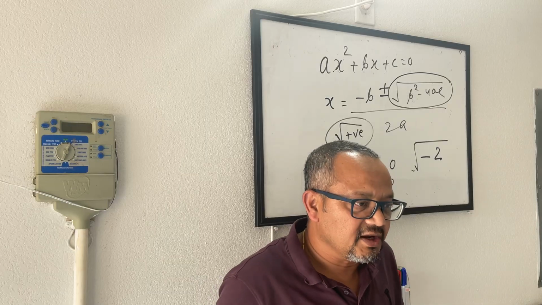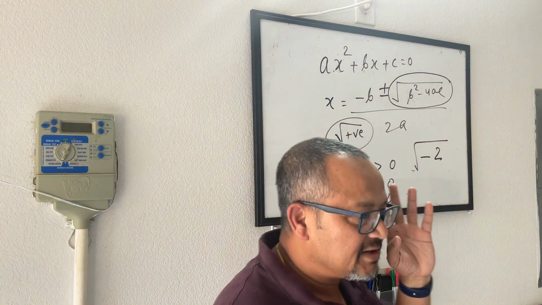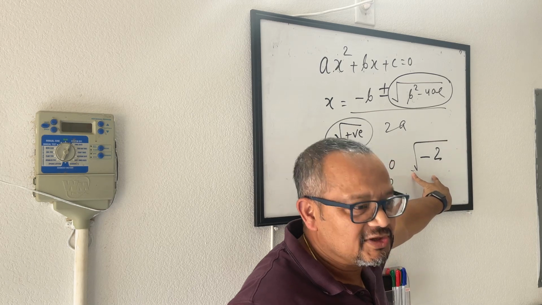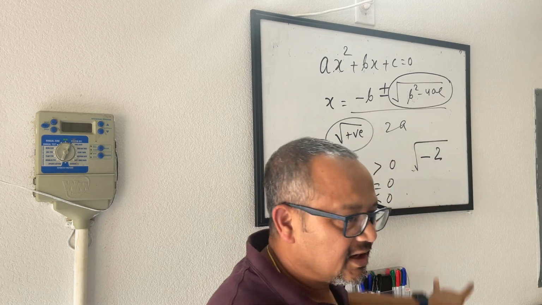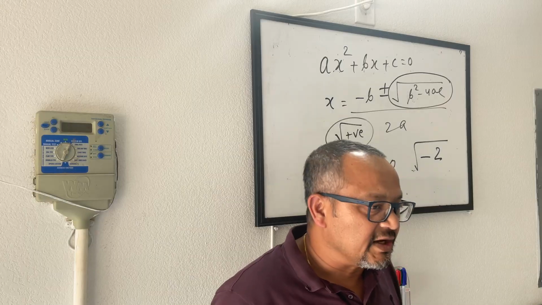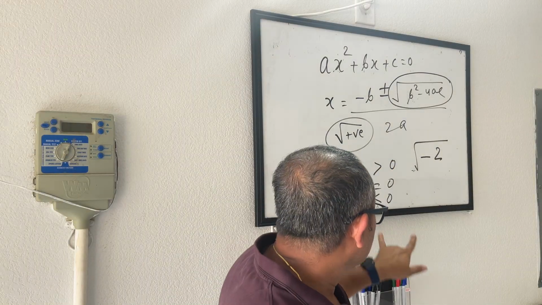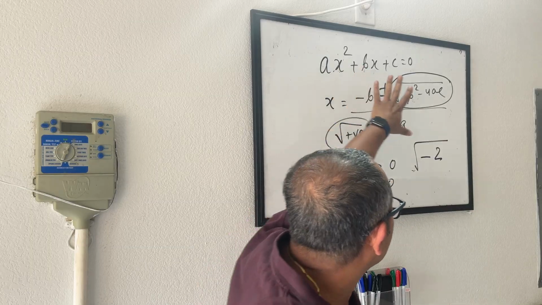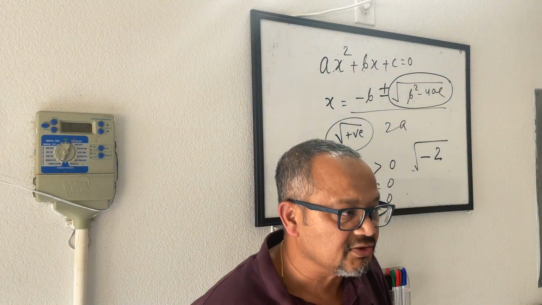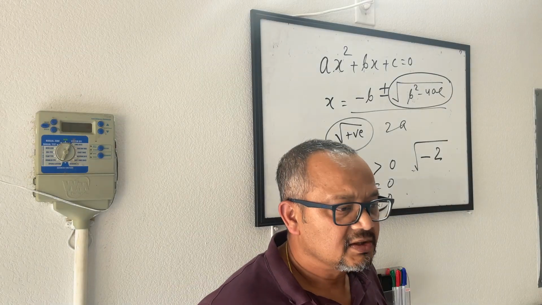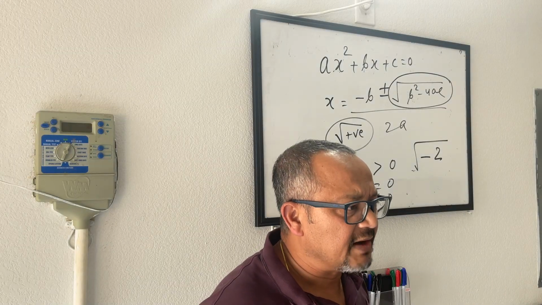I might be dreaming, I'll close my eyes and say that in my imagination there will be a solution for this. So this is an imaginary solution. The square root of any negative number is not a realistic solution, that's an imaginary solution. So whenever you come across a situation where b square minus 4ac gives you a negative value, the square root of that is going to be an imaginary solution, or we will say we have no solution.